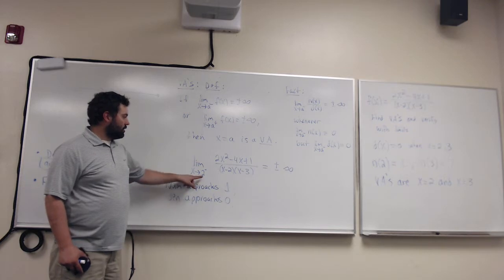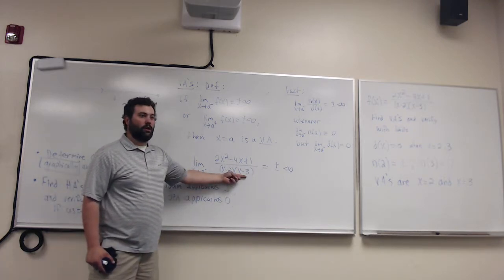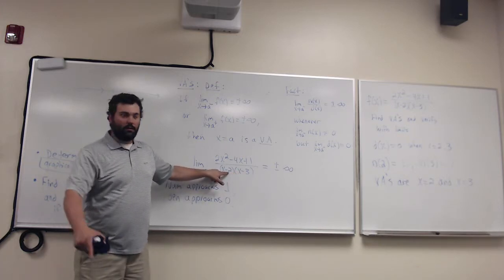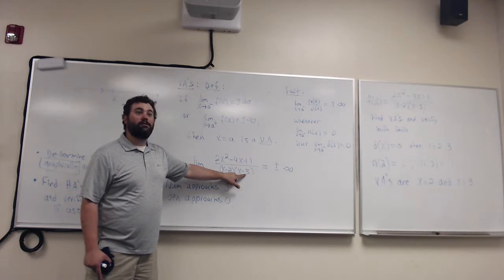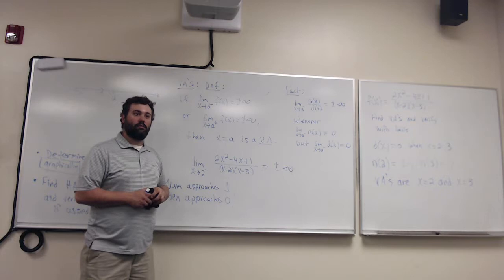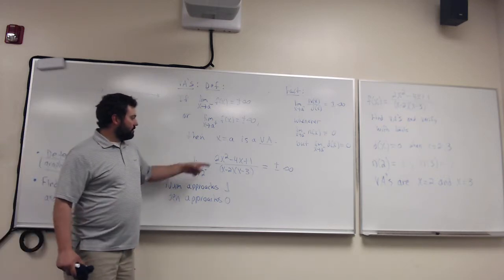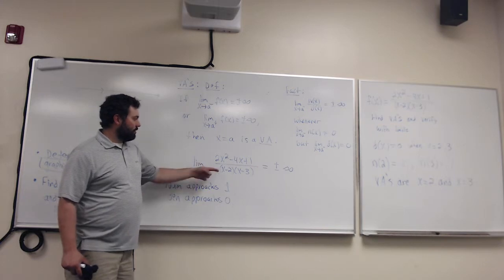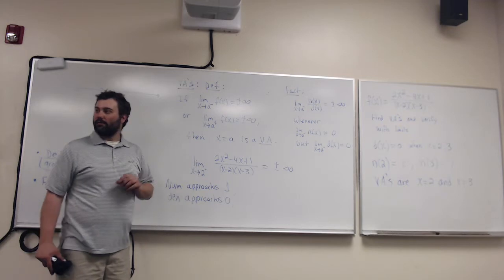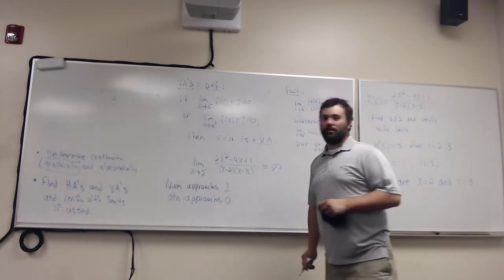And then if you're approaching 2 from the left, just plug something like 1.9 into the denominator. 1.9 minus 2 is negative. 1.9 minus 3 is negative. So a negative times a negative is positive. So if the top is always positive as you approach 2, and the bottom's always positive as you approach 2, this whole fraction will be positive the whole time. So the limit is positive infinity.